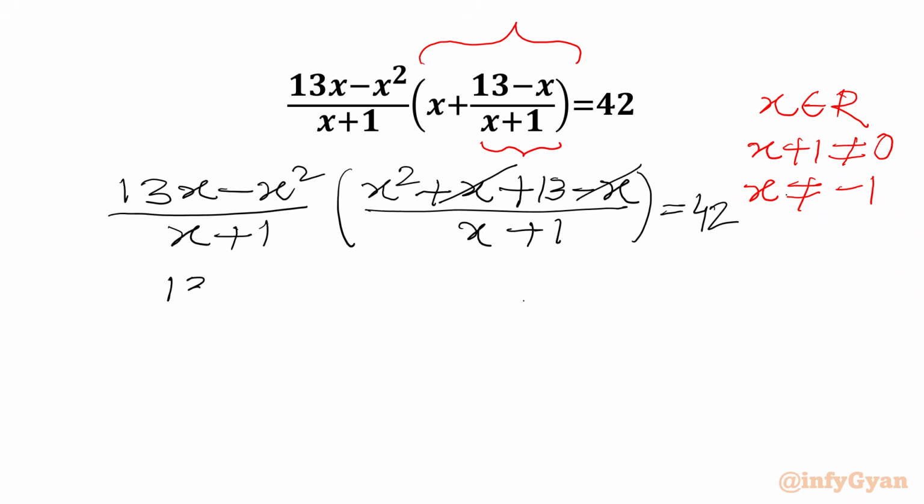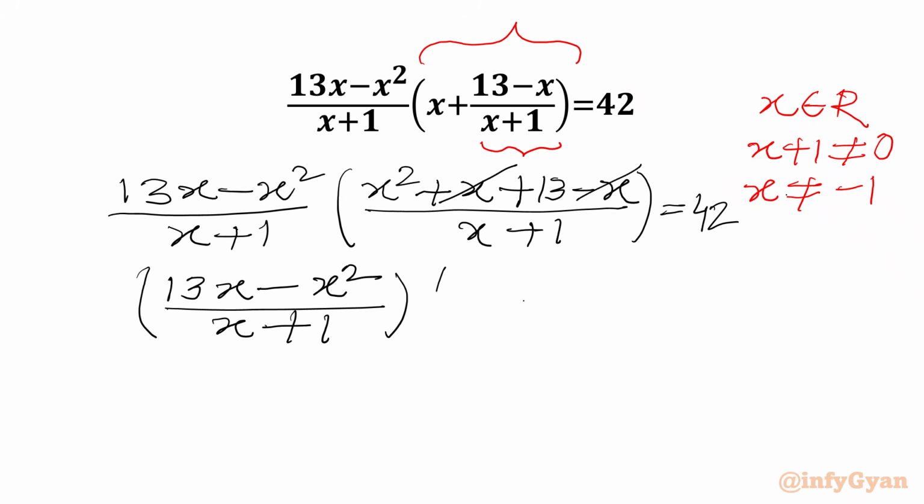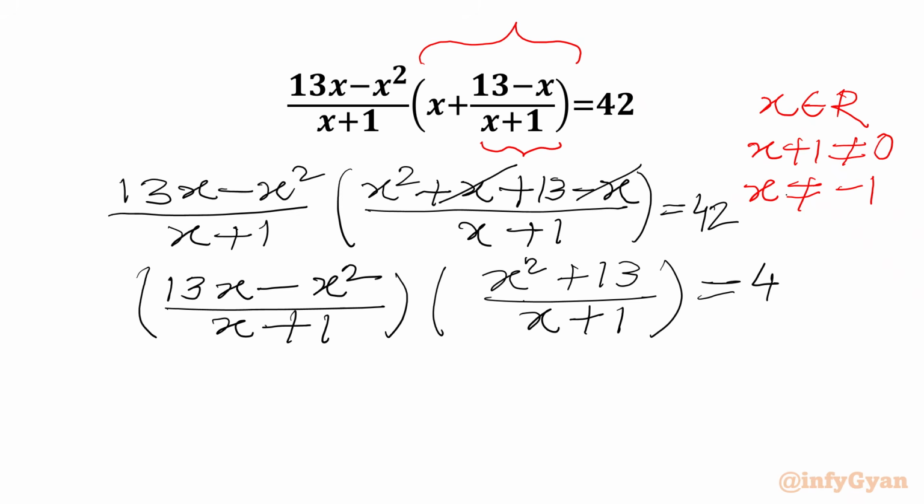We will get (13x minus x square) over (x plus 1) times (x square plus 13) over (x plus 1) equal to 42. Now we can use substitutions.